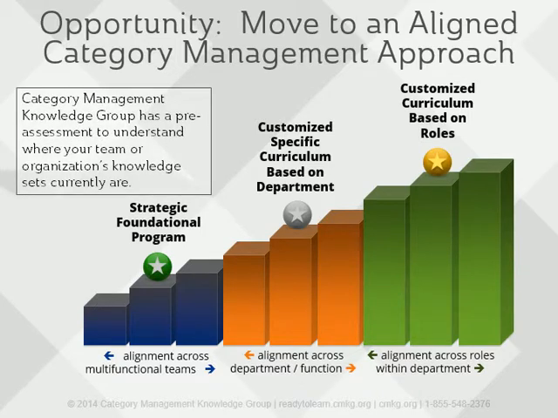Next, additional courses should be defined that are common within a specific department so that they increase knowledge in the topic areas most relevant to their department's responsibilities. And finally, curriculum should be defined based on the roles and responsibilities within different roles within the department. Category Management Knowledge Group can work with you to help you set up a curriculum that achieves all 3 levels of training for your organization.